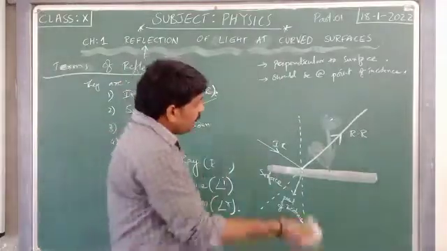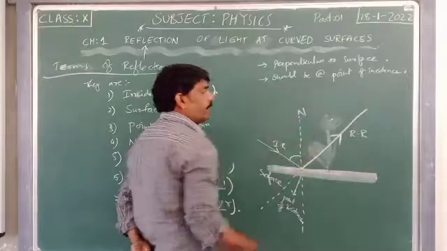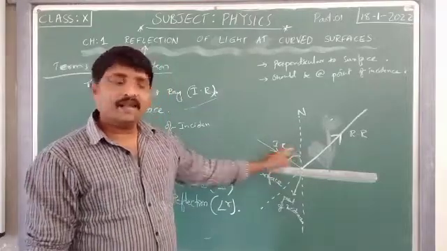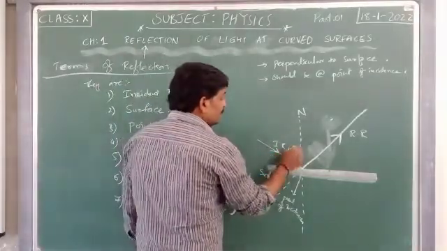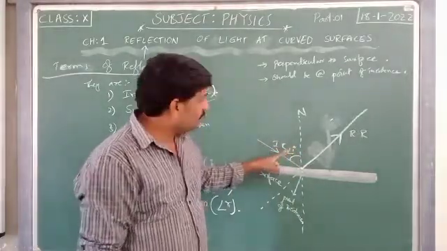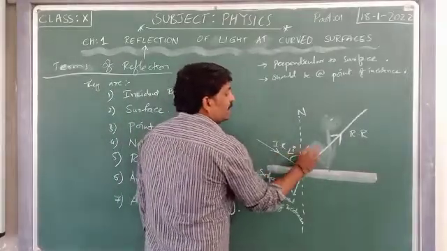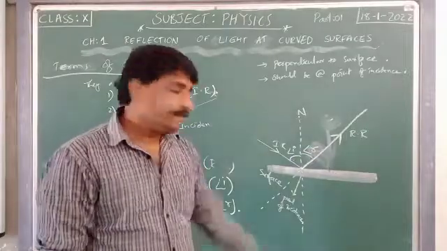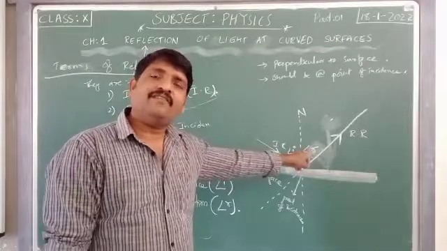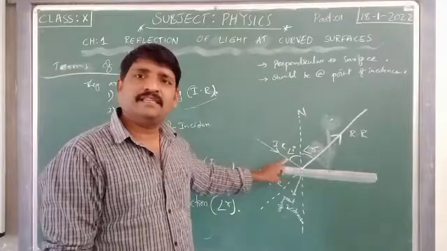The angle between the incident ray and normal we are calling as angle of incidence, and the angle between normal and the reflected ray we are calling as angle of reflection.